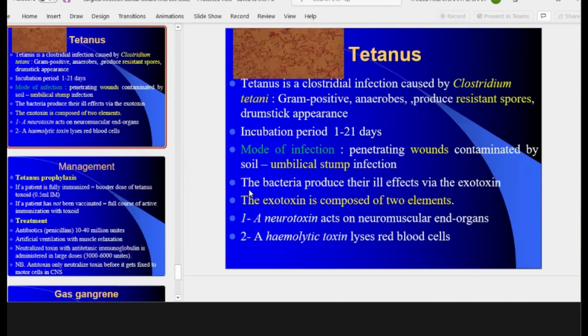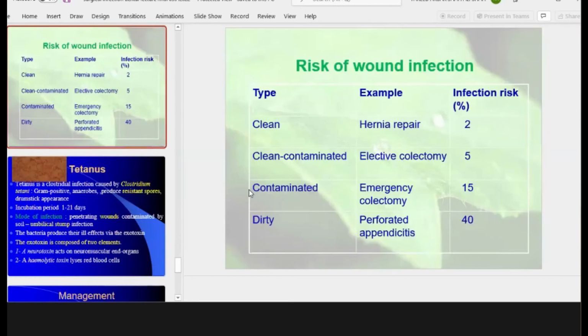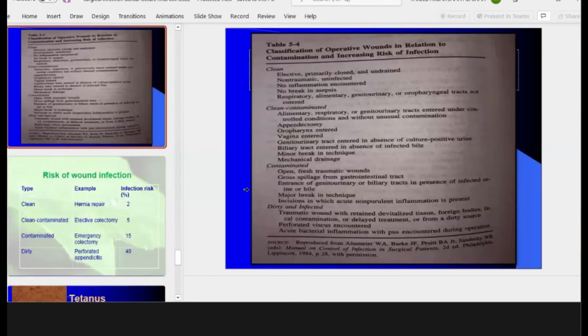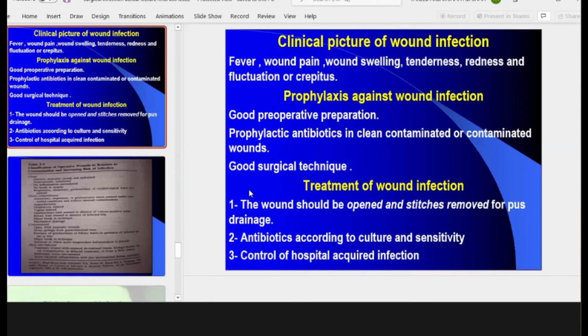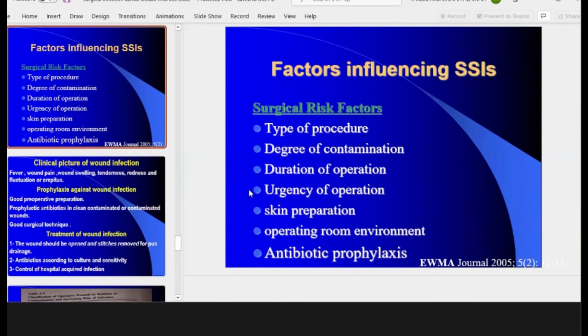Similarly, tetanus is also an important slide. This one is just for understanding. This one is also for understanding. Okay, this slide is not really important.